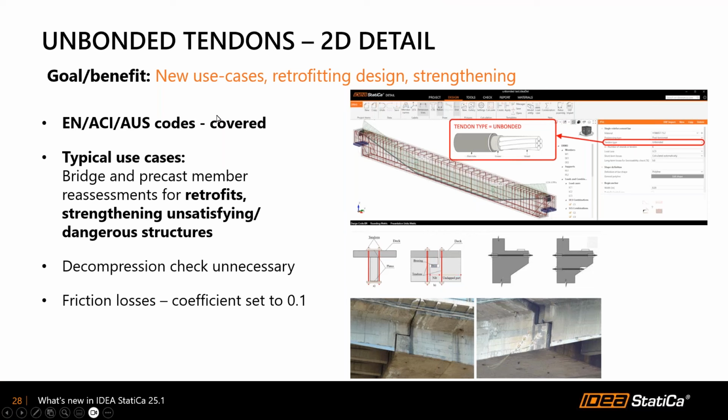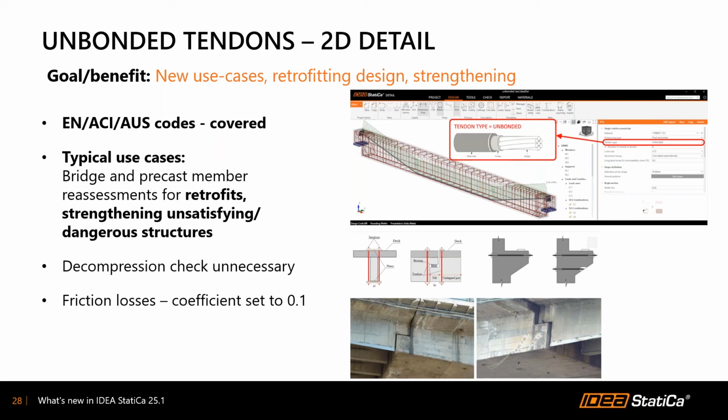So let's talk about the 2D detail. In the 2D detail, we now support unbonded tendons across Eurocode, ACI, and Australian standards. So basically, this enables retrofitting, strengthening, and new pre-stressed members with simplified execution and adjustable tendons.